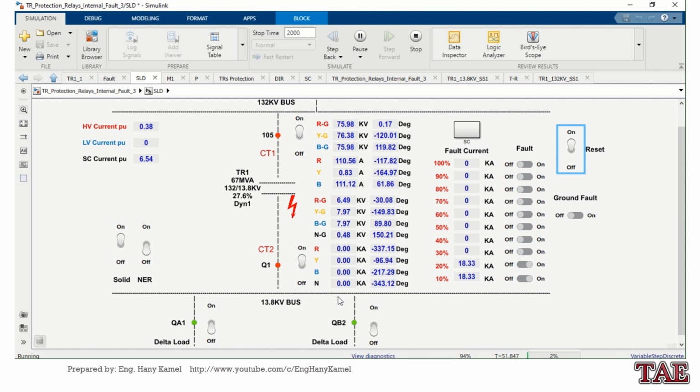Also, because the fault is internal, the current will not appear in the phases of the low voltage side, so the restricted earth fault or overcurrent in the low voltage side will not operate. This is our case for solid ground.